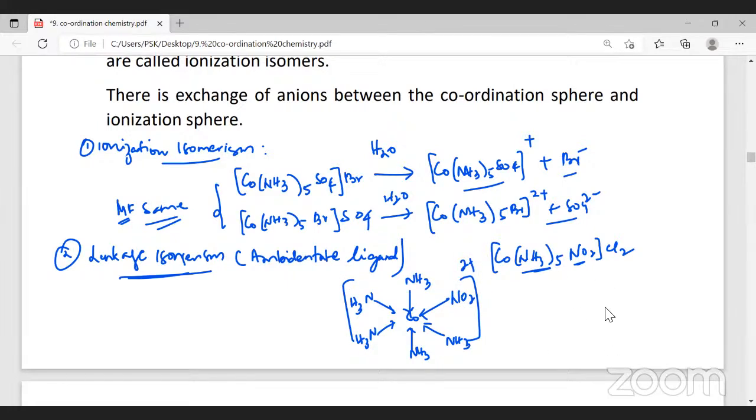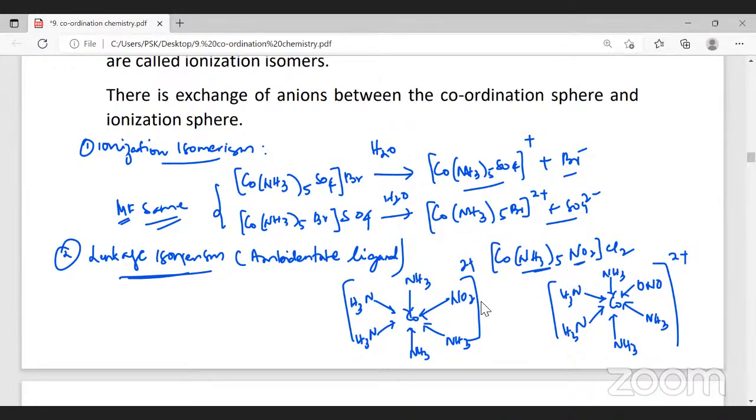The second structure I'm writing here, cobalt, it also has 6 coordinate bonds. This arrow indicates a coordinate bond. 5 ammonia molecules, we write like this. Because nitrogen is a donor atom, therefore the line has to start with nitrogen. So this is NH3, and I write here it is ONO, and this also has a charge 2 plus.